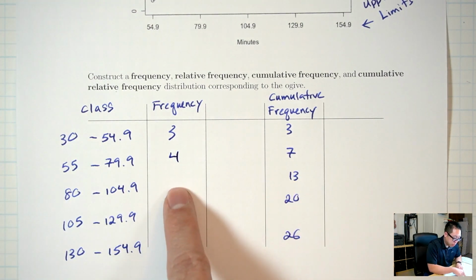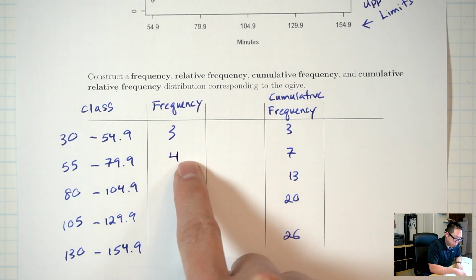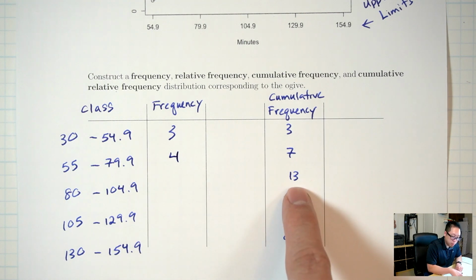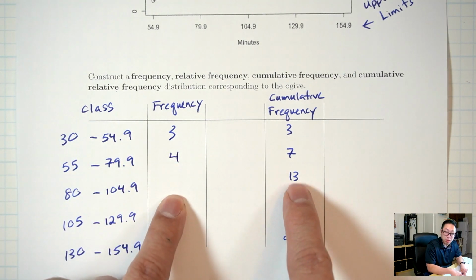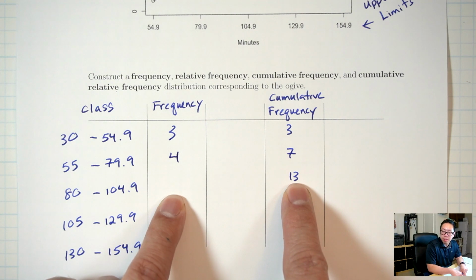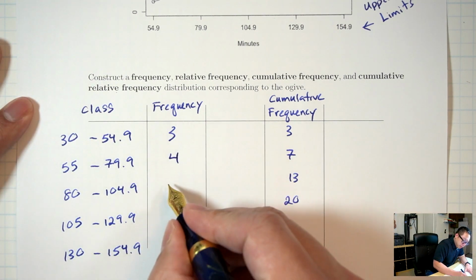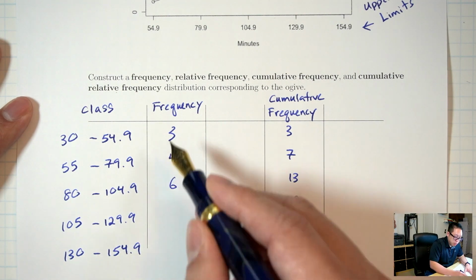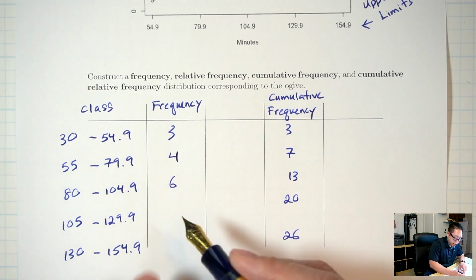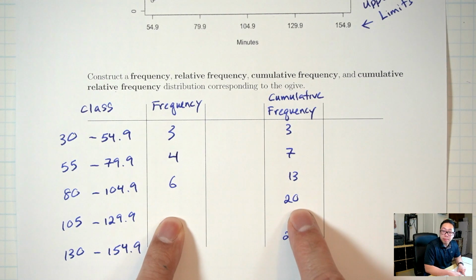The next blank: 3 plus 4 plus blank is 13. So 3 plus 4 is 7. 7 plus what gives me 13? 6. So 3 plus 4 plus 6 gets me to 13. 3 plus 4 plus 6 plus what gets me 20?